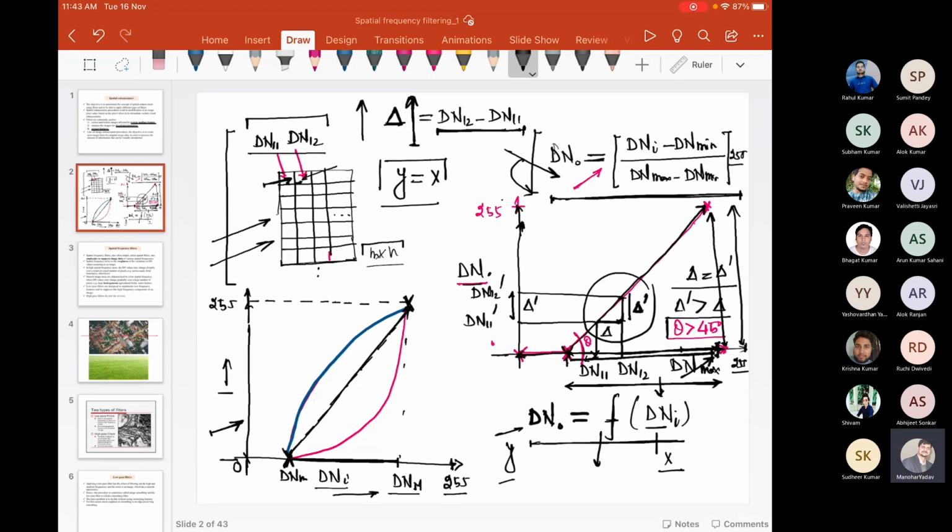For DN minimum, we assign 0. For DN max, we are assigning 255. And in between, the digital numbers which are there are further assigned a DN output using this equation, using this transfer function.